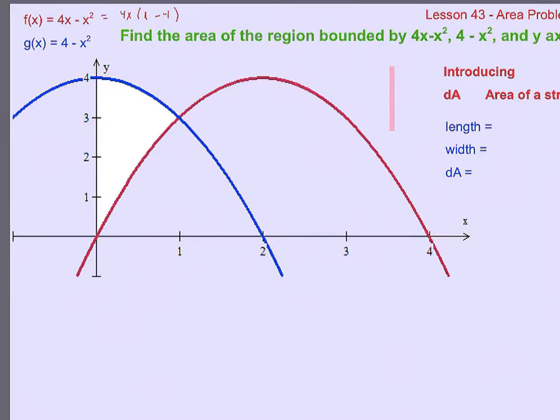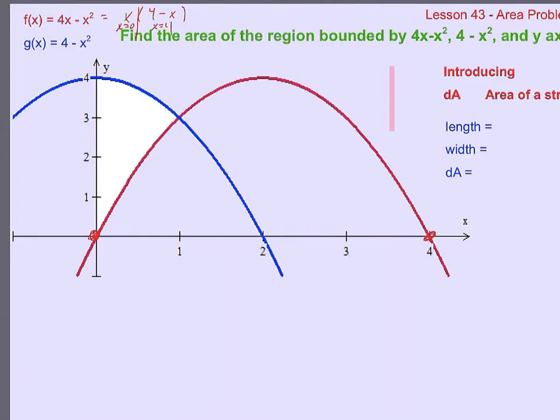I factored that totally wrong, I'm sorry about that. It factors into x times 4 minus x. You can only pull out an x, not a 4x. That has zeros at, if you split and solve, x equals 0 and x equals 4. So that's why the red graph has x-intercepts at 0 and 4.